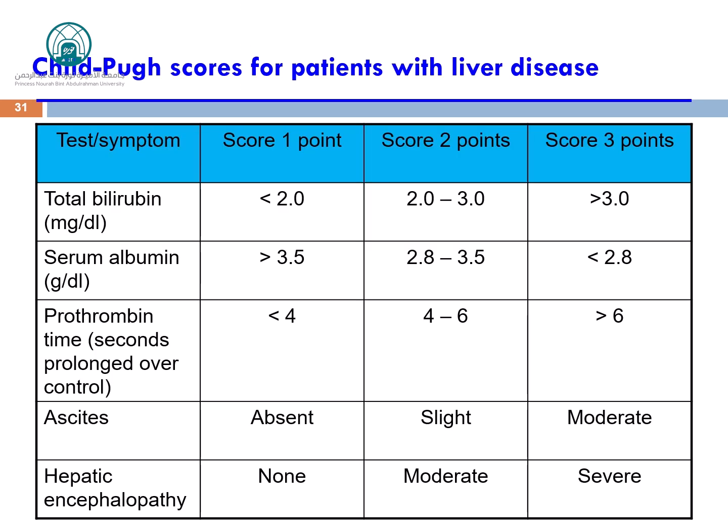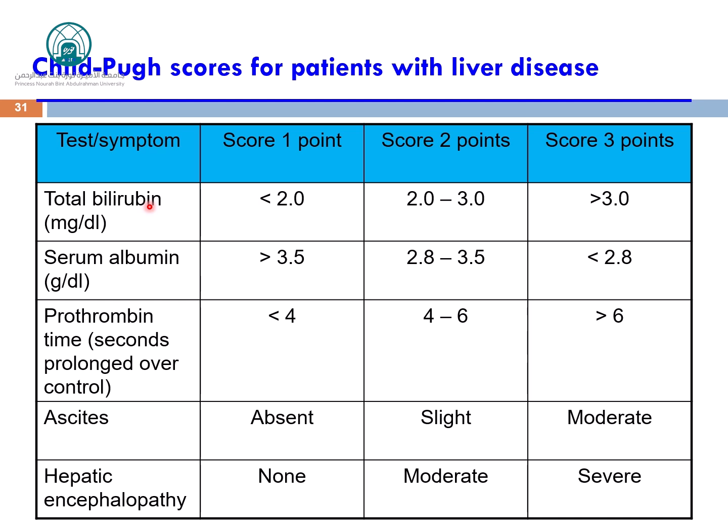So to start with the Child-Pugh score for patients with liver diseases. Here are the tests or symptoms. We have 5 different tests, and each is assigned a score of 1 point, 2 points, or 3 points. Okay, look at this. Total bilirubin as milligrams per deciliter.